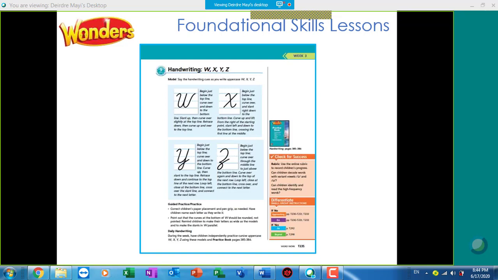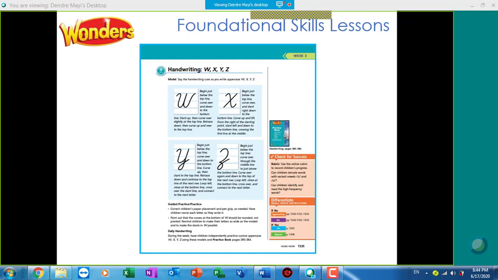Now, I want you to notice something very particular. I've mentioned checks for success before. If you look on the right side of the page, you will see an orange box. Here's what this orange box asks: can children decode words with the variant vowels upon which you're going to be focusing this week?